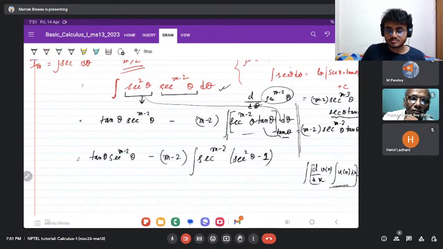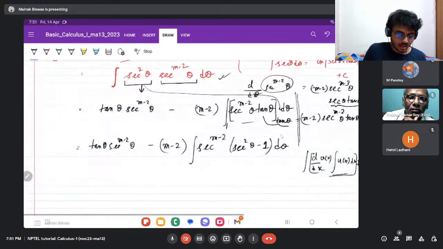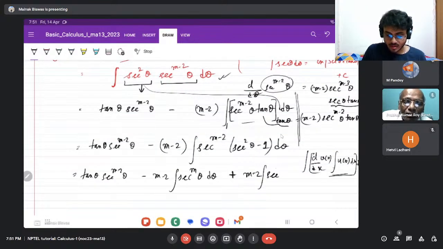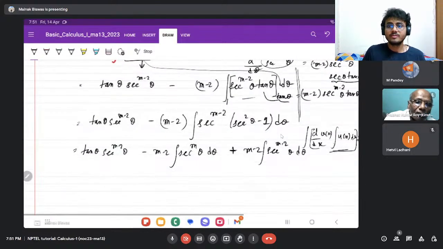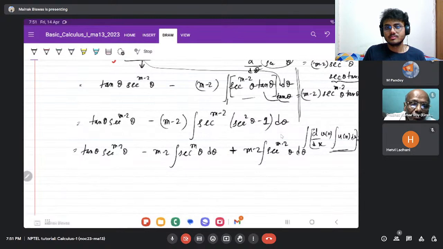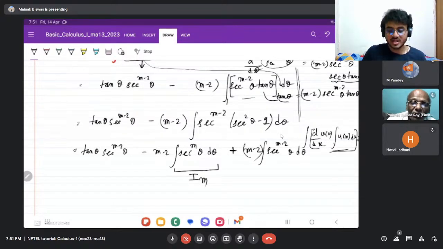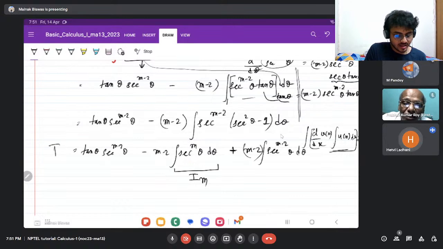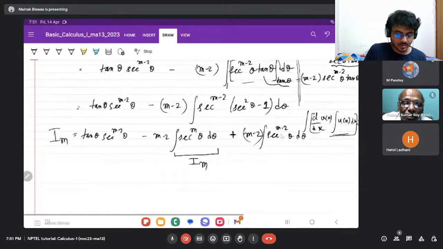Now comes the beauty of the reduction formula: sec to the power m minus 2 theta d theta. Agreed? This is nothing but Im, right? So I got Im in terms of Im again.